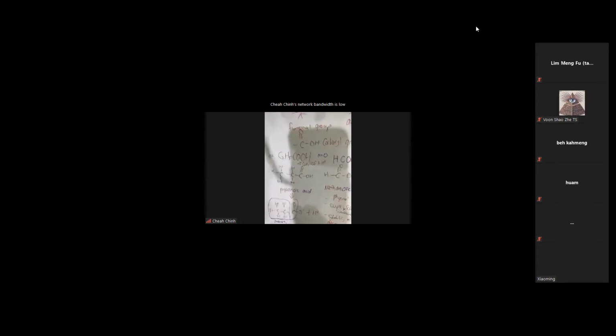This part is insoluble in water, and this part is soluble.